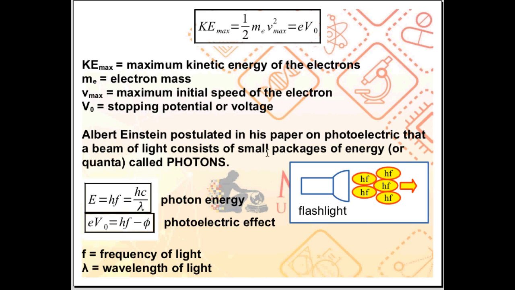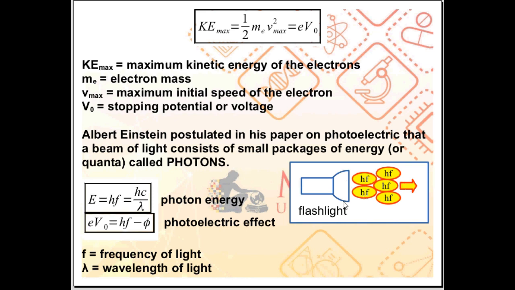Einstein postulated in his paper on the photoelectric effect that a beam of light consists of small packages of energy called photons. If you turn on a flashlight, the beam of light produced consists of small packages or particles of light referred to as photons.